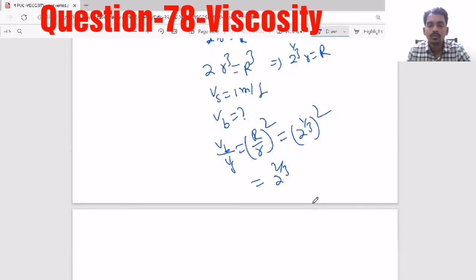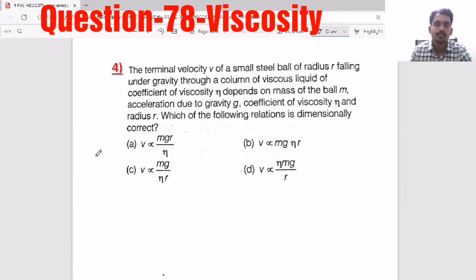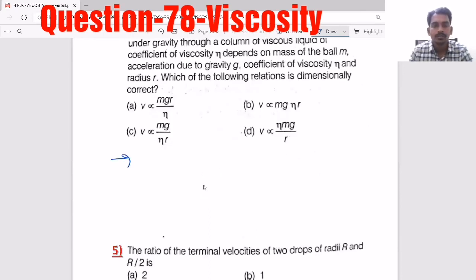Now, the terminal velocity V of a small steel ball of radius r falling under gravity through a column of viscous liquid depends on which of these, that are dimensionally correct.